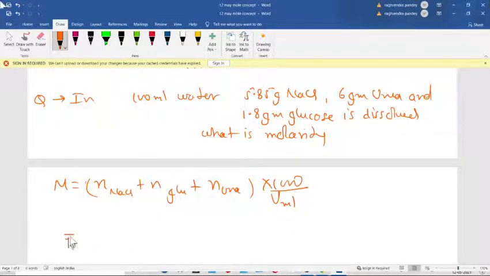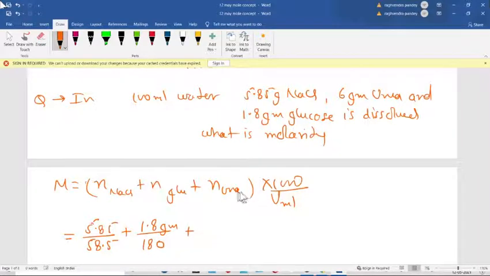So number of moles of NaCl, how will you calculate? Weight of NaCl 5.85 divided by molecular weight. Molecular weight of NaCl is 58.5. Now weight of glucose is given as 1.8 grams, and glucose molecular weight is 180.